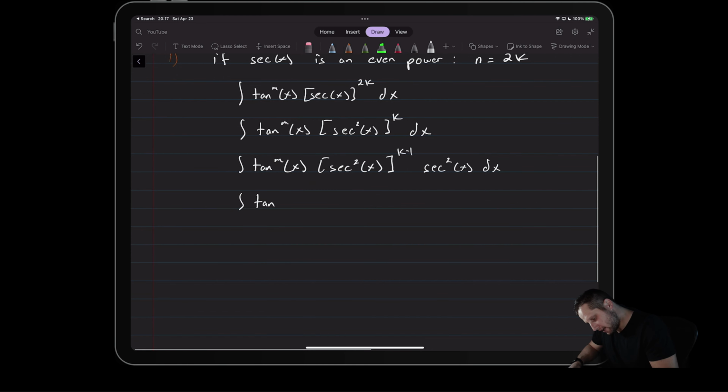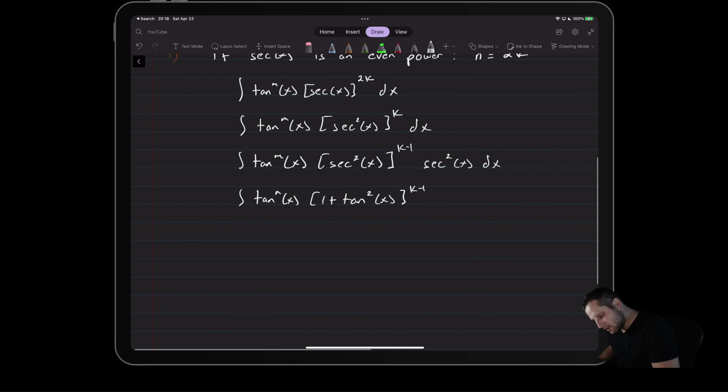So we have the integral of tangent to the m power times 1 plus tangent squared of x, all to the k minus 1 power, times secant squared of x dx.